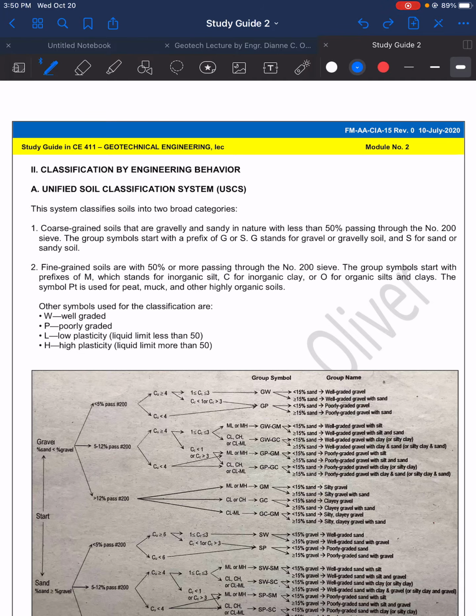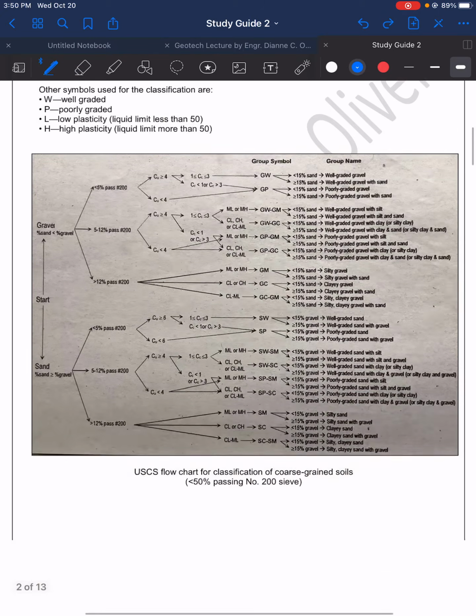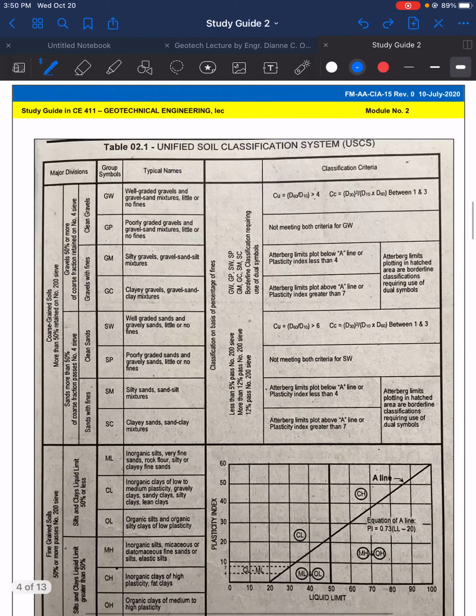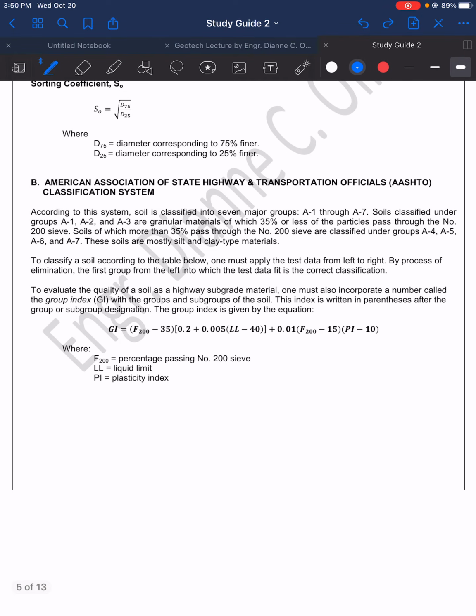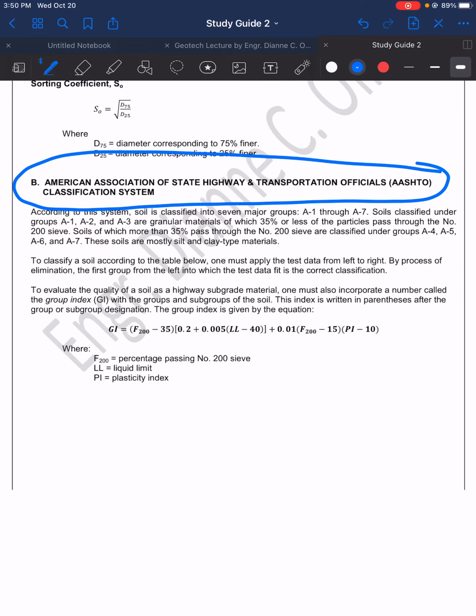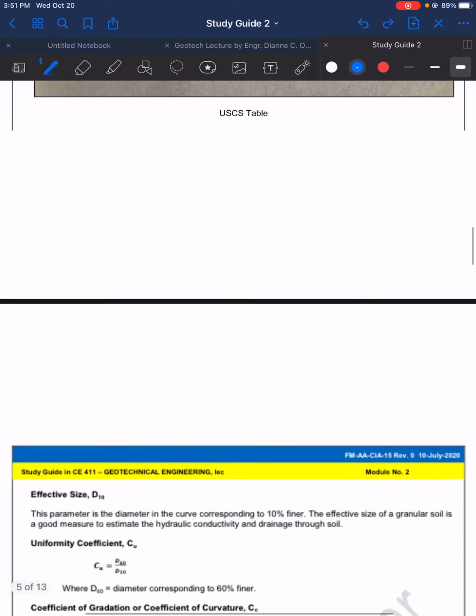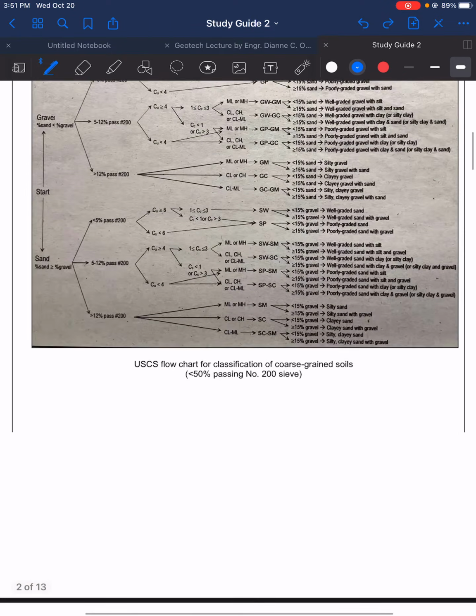The first one is the USCS, and that is the Unified Soil Classification System. And the second one is the AASHTO, or the American Association of State Highway and Transportation Officials. So let's differentiate these two classifications.